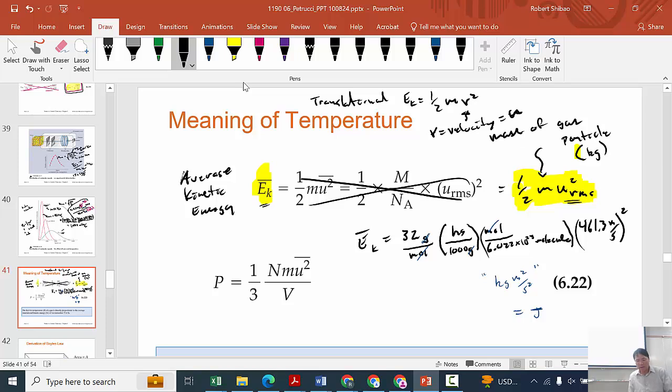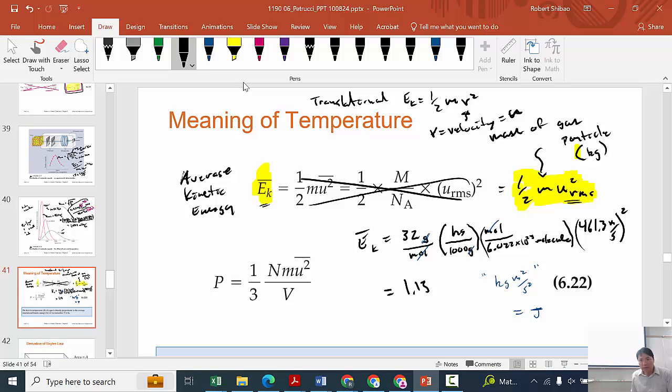So let's take a look at this. 32 divided by 1,000, divided by 6.022 times 10 to the 23rd, times 461.3 squared. It comes out to 1.13.